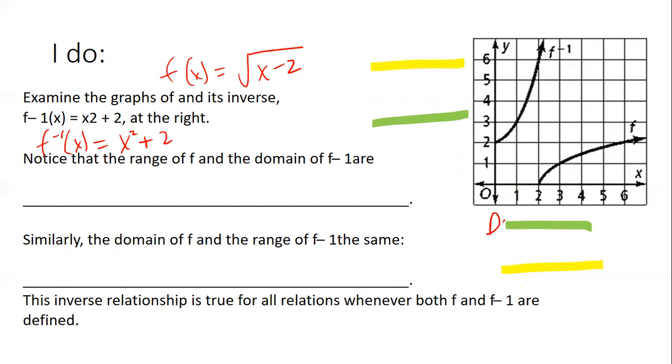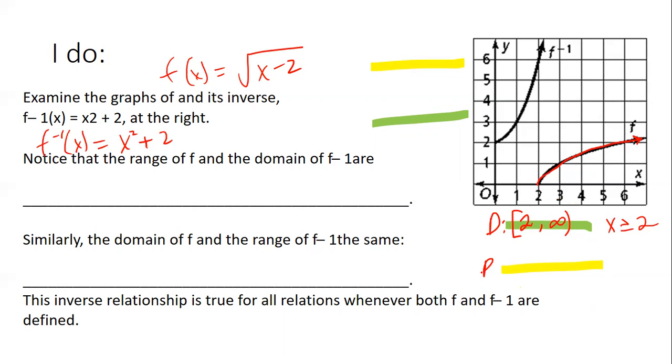So the domain of our f of x, remember domain is from left to right. So reading from left to right, where do I start on the x-axis? I start at 2, right? And I go forever to the right, which is positive infinity. So my domain is from 2 to infinity, okay? That's interval notation. And in inequality notation, that means that x is greater than or equal to 2. Ringing bells? Okay.